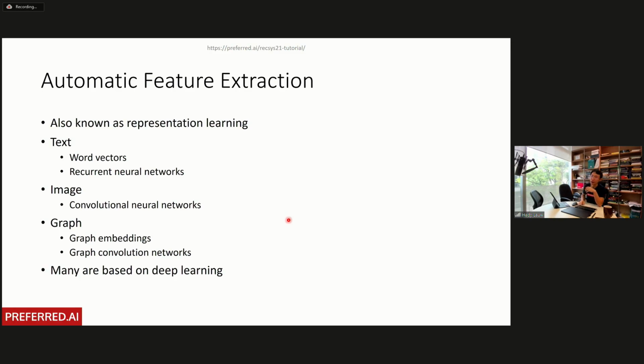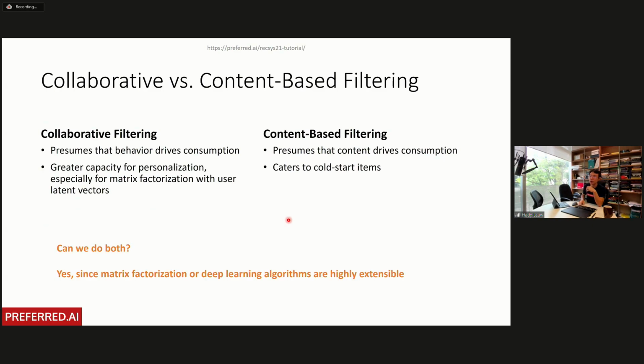Now, the key thing we are going to delve into for the remainder of this tutorial is that we are going to integrate collaborative filtering, that is the idea of preferences, and content-based filtering, which is the idea of the content. And the content will be either text, images, or graph.